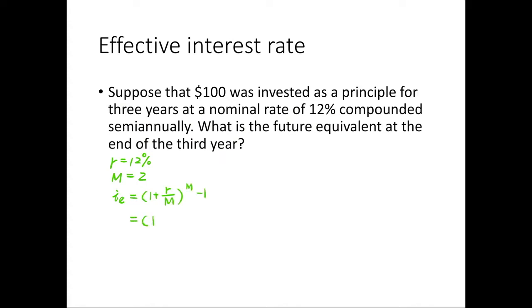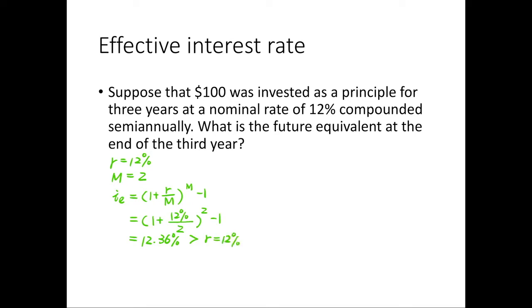Okay, so in this case, R is 12%, and every year it's compounded twice, so M is 2. So this will give you 12.36%. So the effective annual interest rate is 12.36%, and it is bigger than the R, which is the 12%.